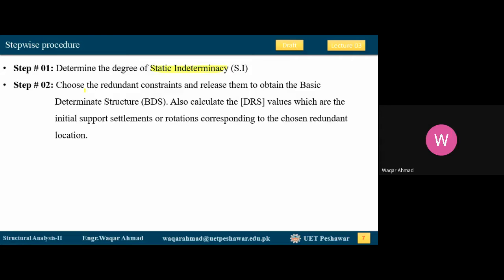Then in the second step, you need to choose the redundant constraints. Why have I used the term choose here?